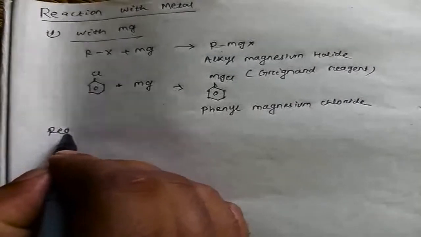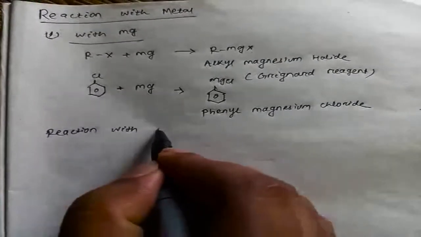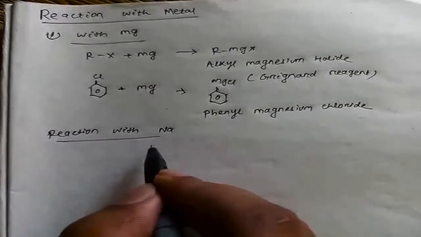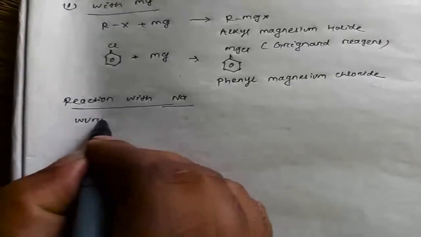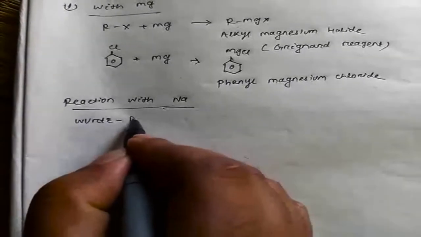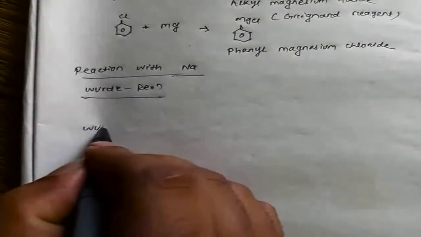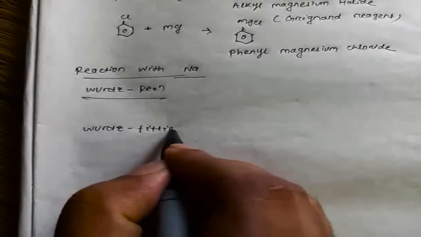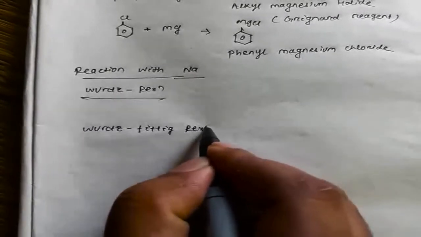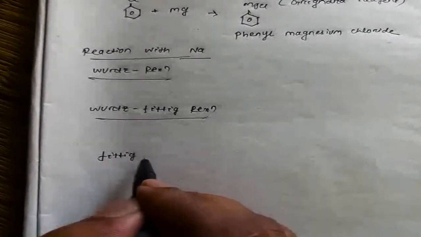Then reaction with sodium. Based on sodium, there are three reactions: first is the Wurtz reaction, then the Wurtz-Fittig reaction, then the Fittig reaction.